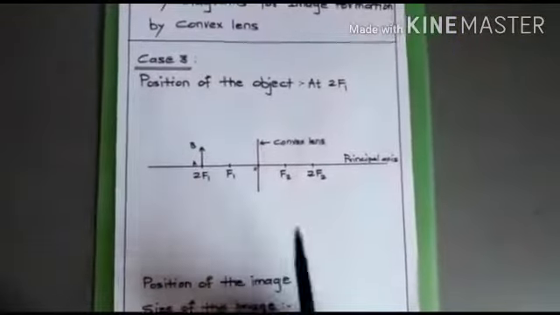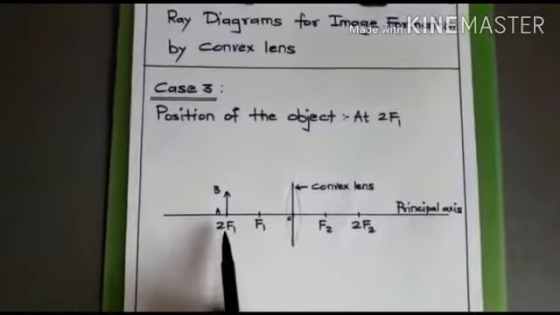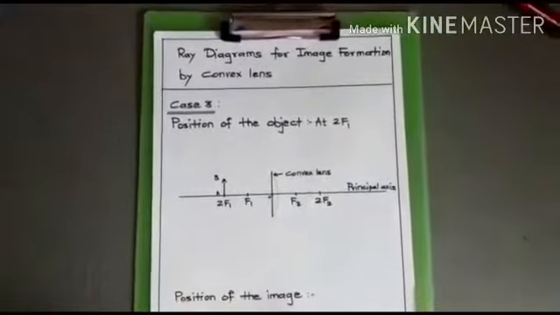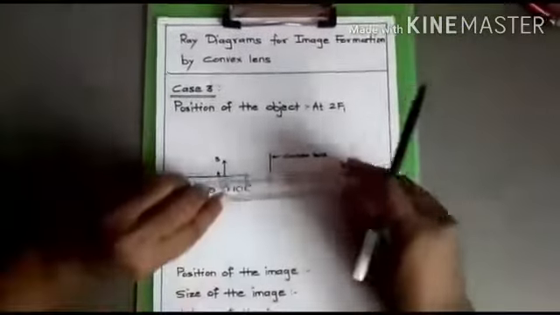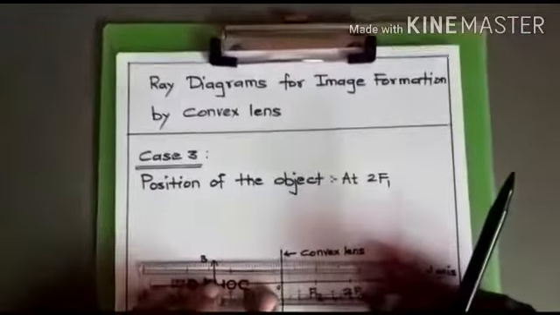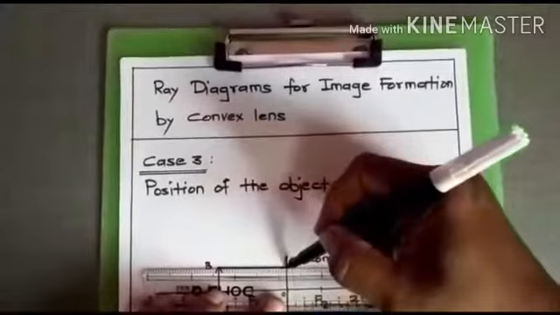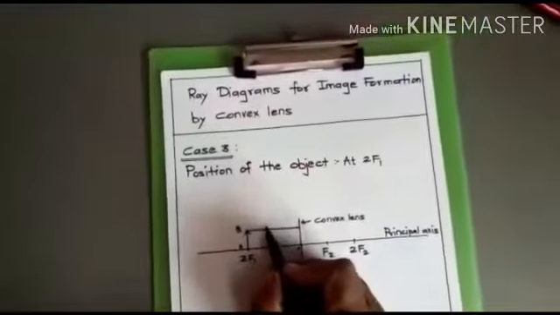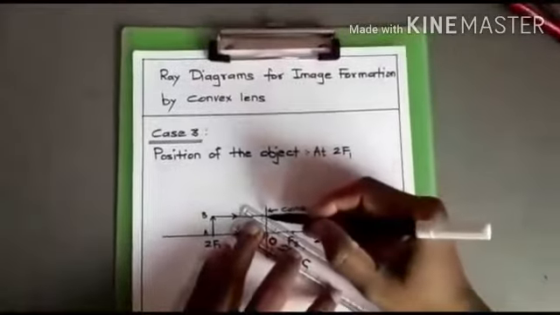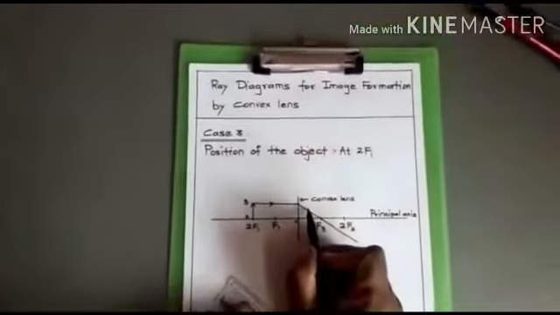Case 3. Position of the object at 2F1. Here also use 2 out of 3 rules. Rule 1. The ray which is incident parallel to the axis, after refraction, passes through the principal focus.